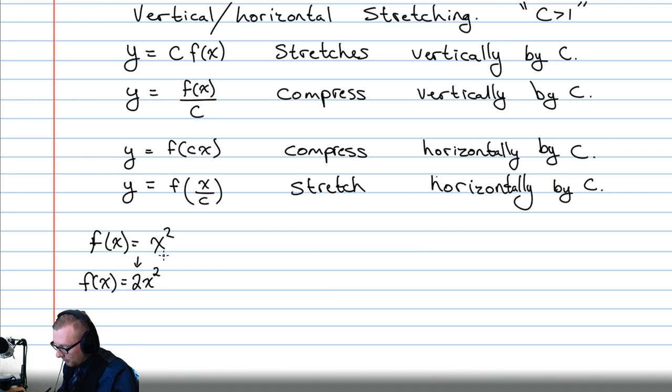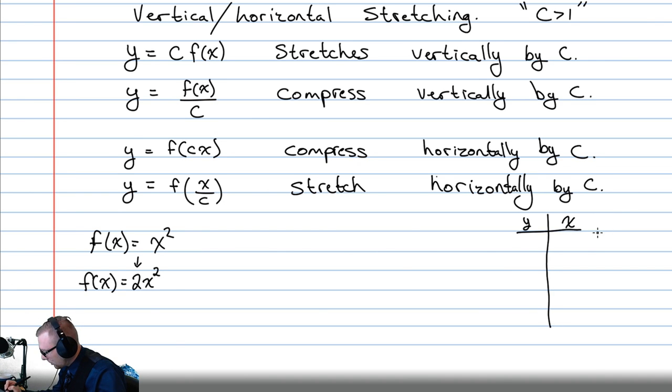Okay, the best thing I can do for you is show y and x as a table of values, just so you can understand the numbers. So the first one is y equals x squared. I've got 0, 1, 2, and let's do 3 as well.